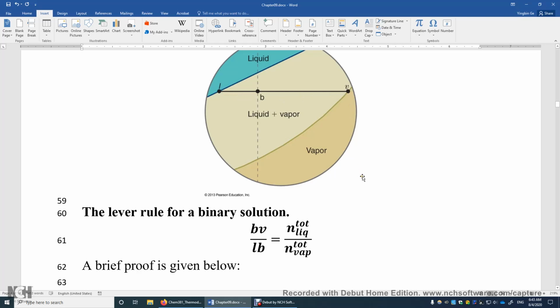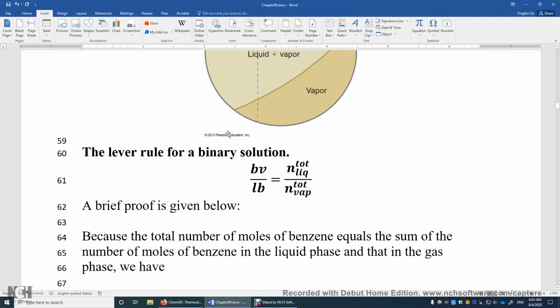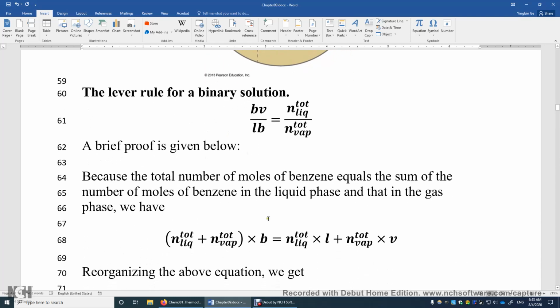This V gives you the mole fraction of benzene in the gas phase. And this B gives you the overall mole fraction of benzene. So B times the total number of moles of everything is the number of moles of benzene in the entire system, in both phases.